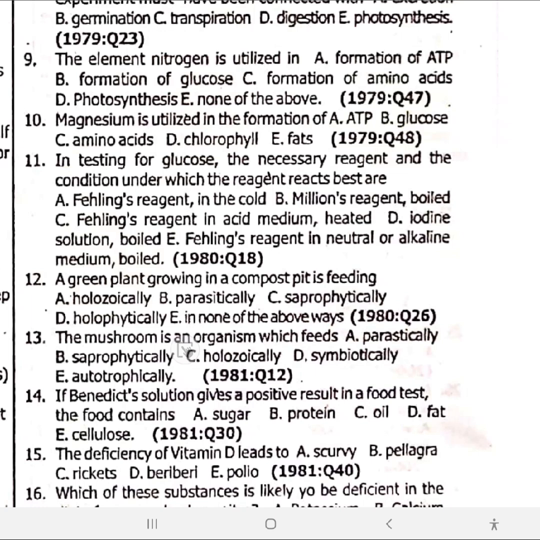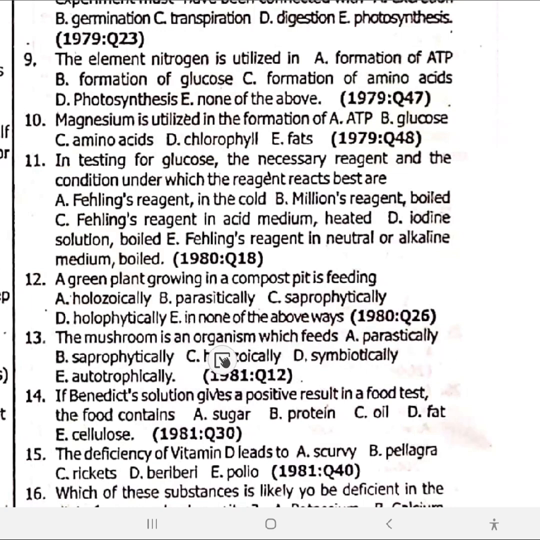Autotrophic is AUTOTROPHIC and holophytic is HOLOPHYTIC. So number 12, a green plant growing in a compost pit is feeding holophytically, which is autotrophically, option D. Forget they say it's growing in the compost pit. A lot of students will go and pick saprophytically. No, green plants do not feed on dead and decaying substances. It's only bacteria and fungi. So 12 is D.